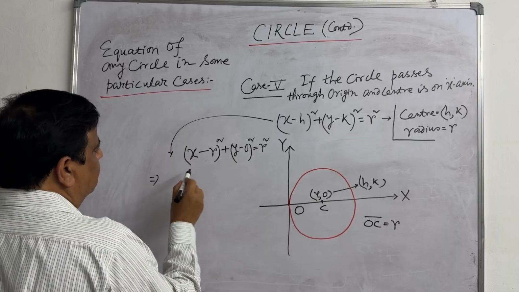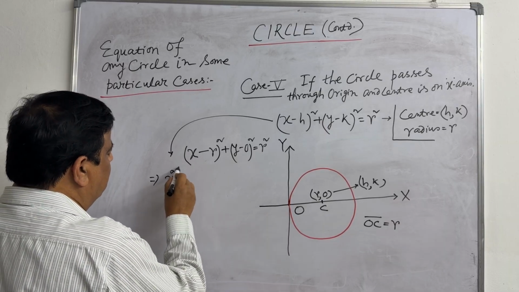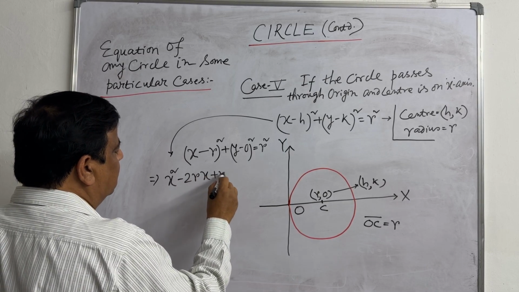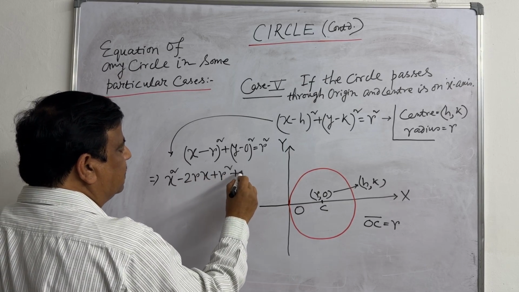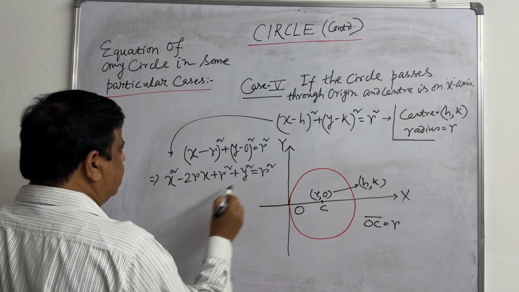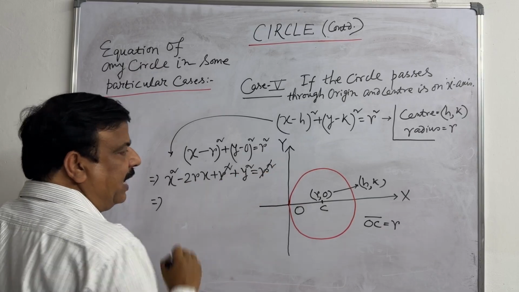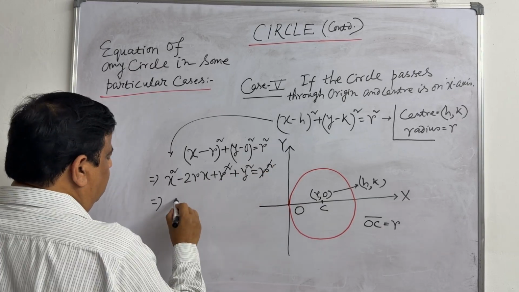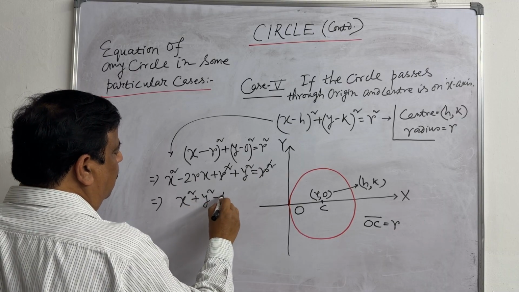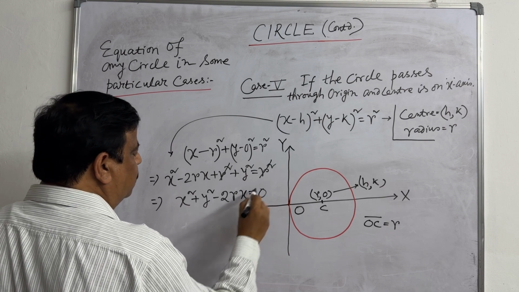It implies, use (a minus b) whole square here: x square minus twice rx plus r square plus y square is equal to r square. So this r square cancels each other. x square plus y square minus twice rx is equal to 0.